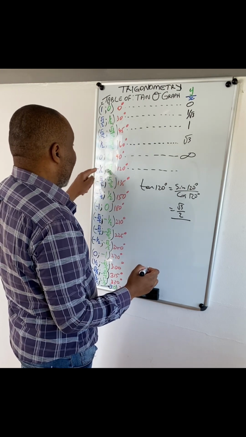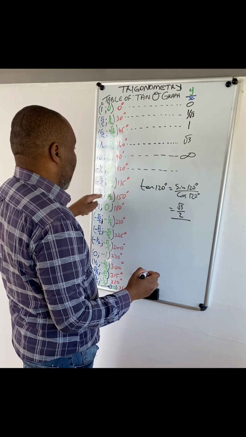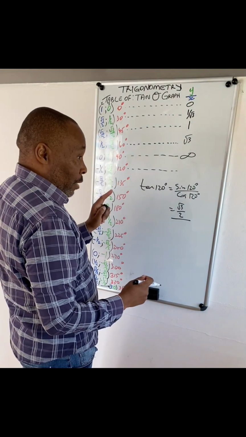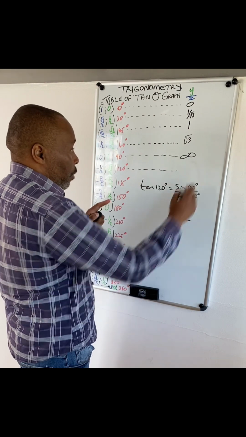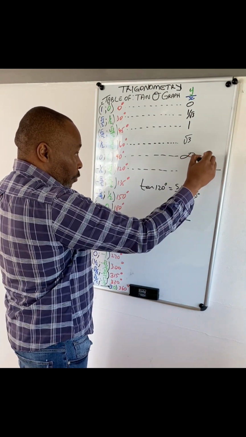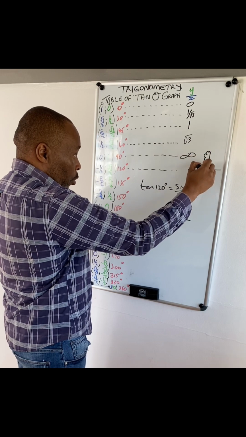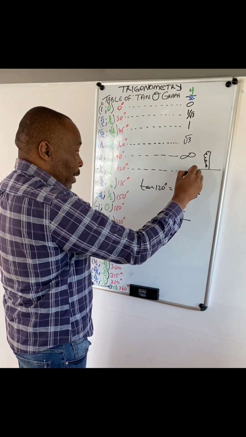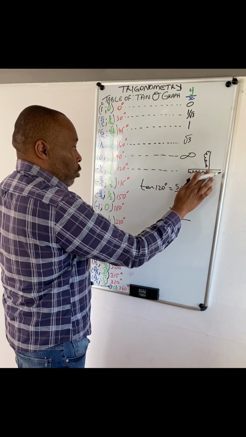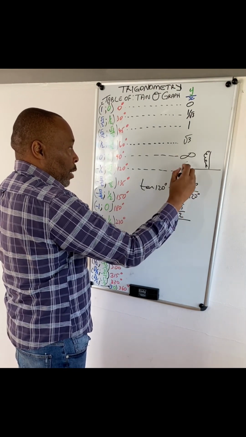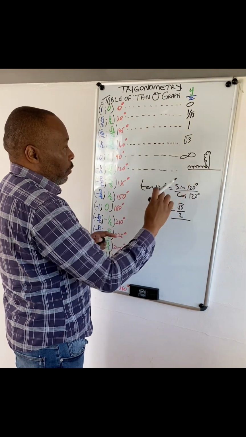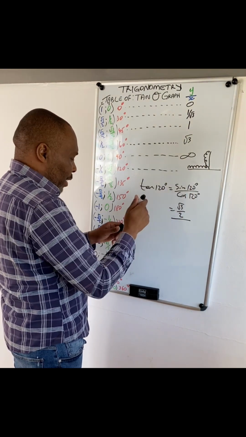Remember, we've now reached the second quadrant. So in the second quadrant, only sine, only the y value, is positive. Remember, this is what we have. Here is the positive part. This part is positive, but this part is negative in the second quadrant.